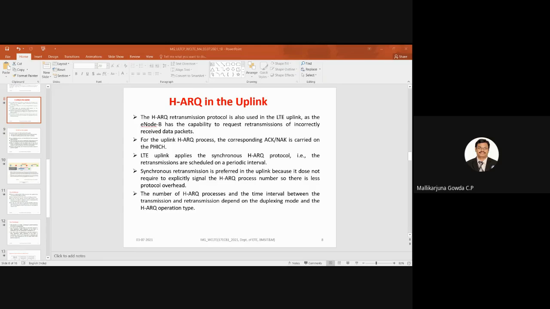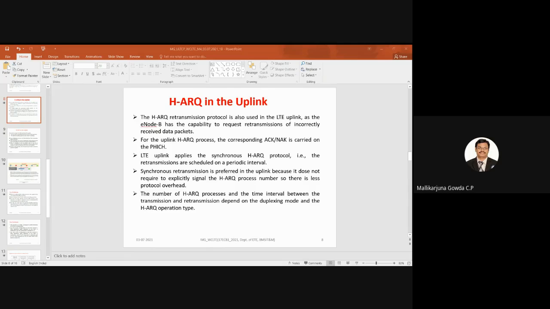If I talk about this hybrid ARQ in the uplink, I can say I will be completing module 4. Let me take this up in the next class. Just have a look, because you need to have the background information about this. At least you should know what ARQ is first, and then you will be able to understand hybrid ARQ.